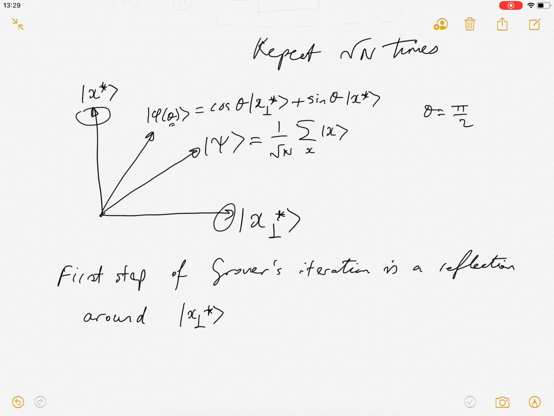So that changes the sign of the key value.